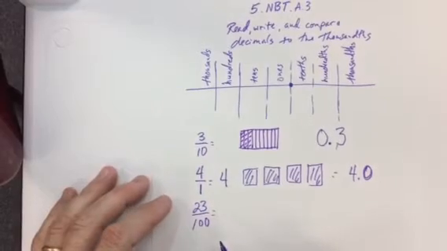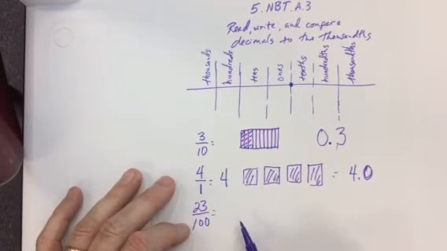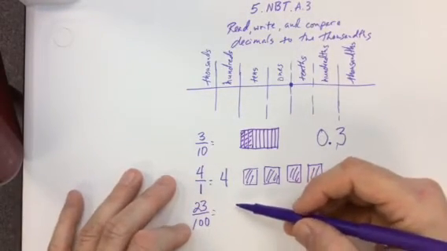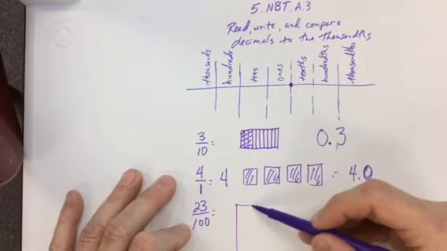If I go down to my 23/100ths, I could draw a hundreds chart.